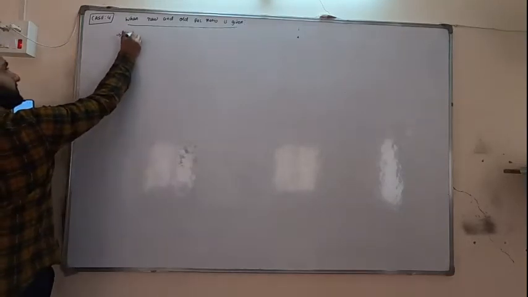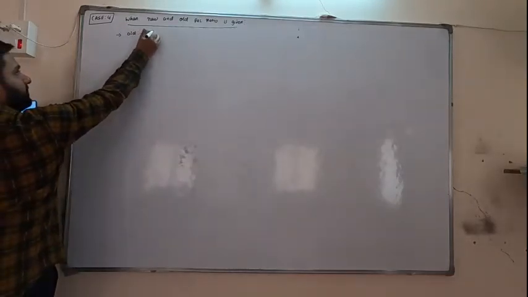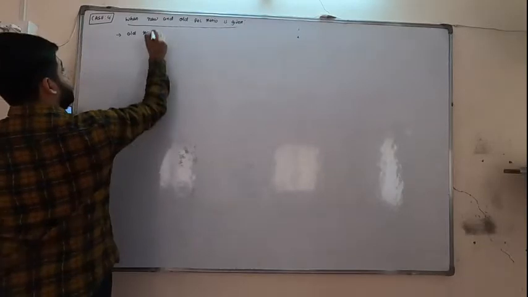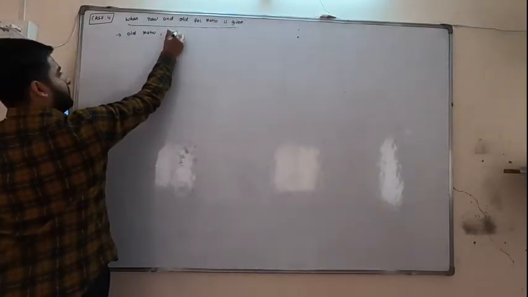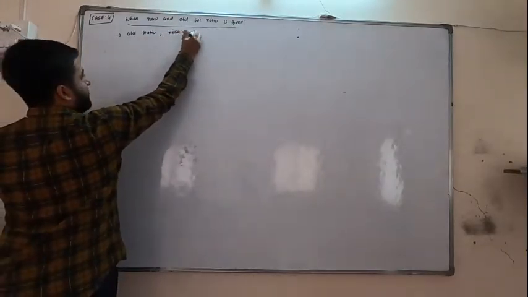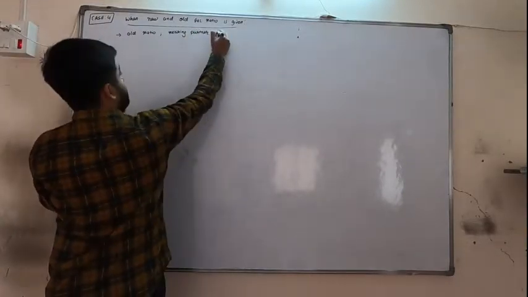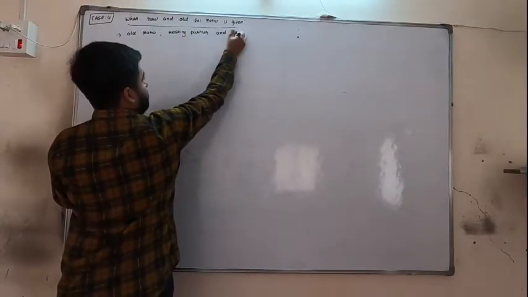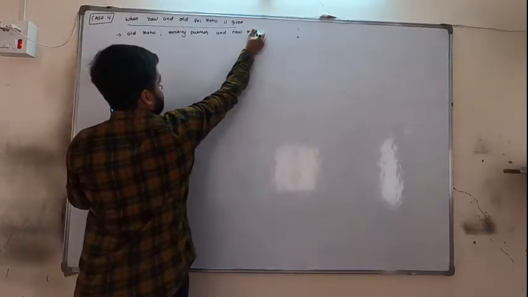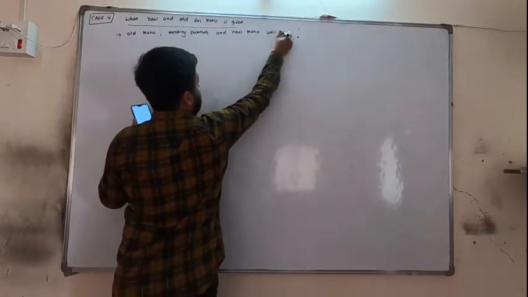So what will be given in the sum? Old ratio, retiring partner, and new ratio will be given.